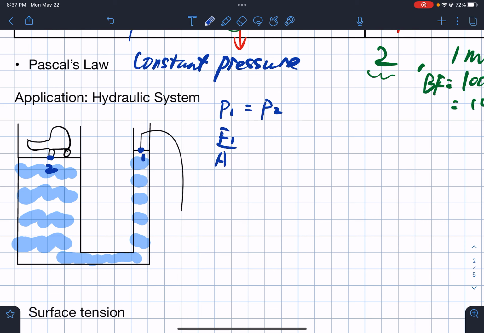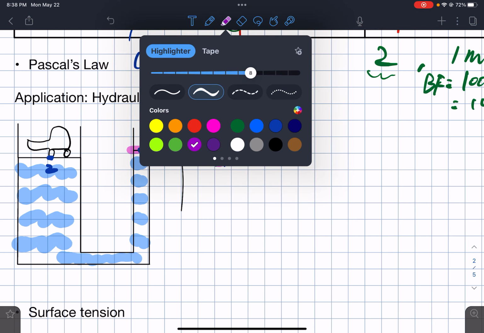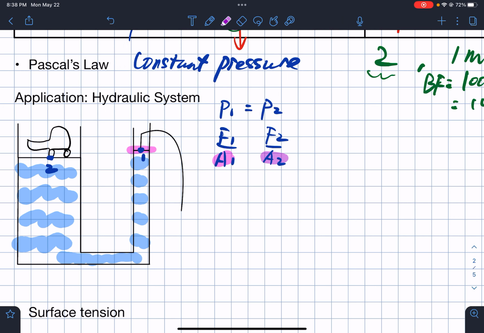So P1 is F1 over A1, where A1 is this cross-section area, and P2 is F2 divided by A2. What is A2? A2 is the larger cross-section area here, on the car side. Let's use a very different color to differentiate it. All right, perfect.